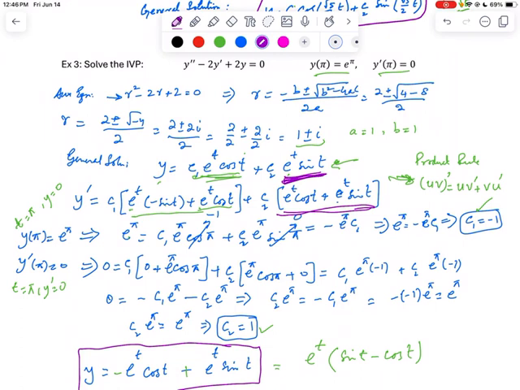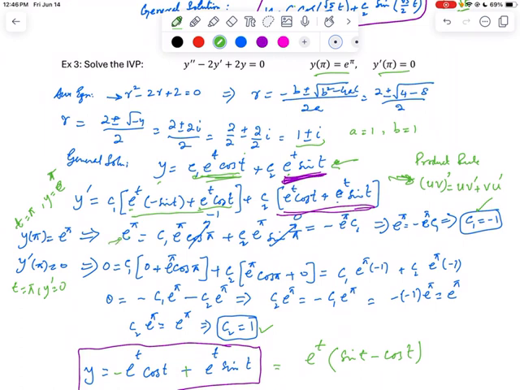So remember, y of pi is equal to e to the pi, which means wherever I have y, I will be replacing it by e to the pi, not 0, e to the pi. And wherever I have t, I will replace it by pi. So I did that here.